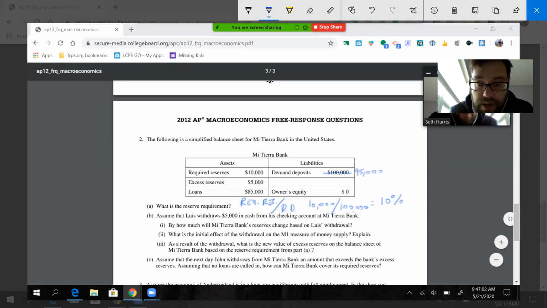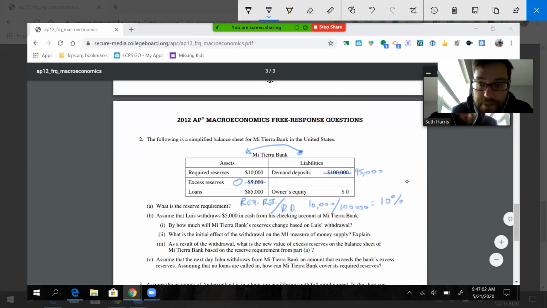Well, where does that 5,000 come from? We need to get rid of this, right? They needed to pay that cash. So that balances out. There's another adjustment we need to make when we get to part 3, but based on this transaction, we subtracted 5,000 from liabilities, so we also have to subtract 5,000 from assets so that they balance out.